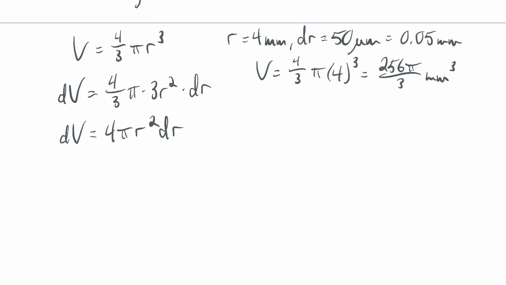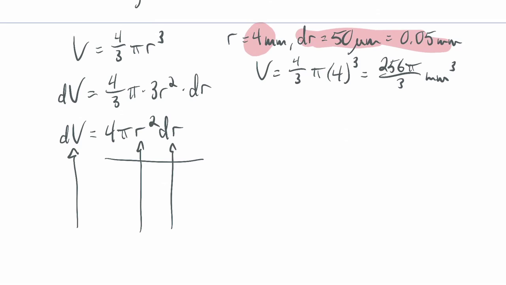Okay, so the error in the output variable is this function of the input variable and the error in the input variable. So dV is a function of two inputs, r and dr. So I have an r number when the radius is 4, and I have a dr number when the error in the radius is 0.05. So I can plug those numbers in.